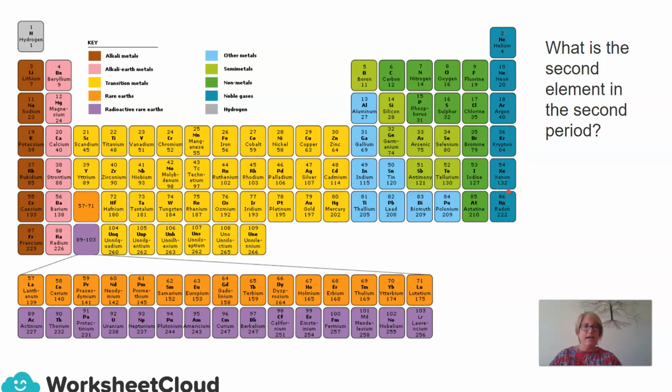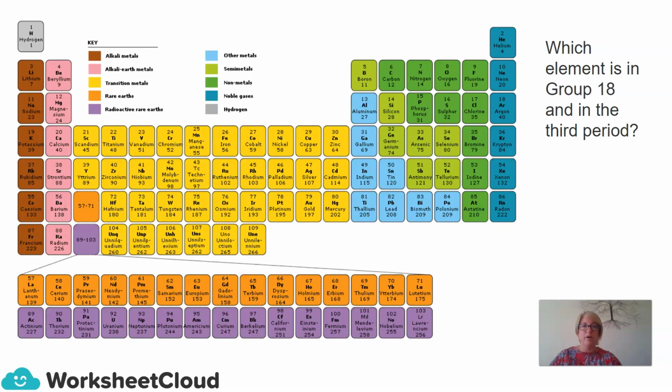So what is the second element in the second period? This is period 1, this is period 2. This is going to be the first element, this is going to be the second element. So yes, you guessed it correctly, it is beryllium that we represent using the symbol capital B, lowercase e.